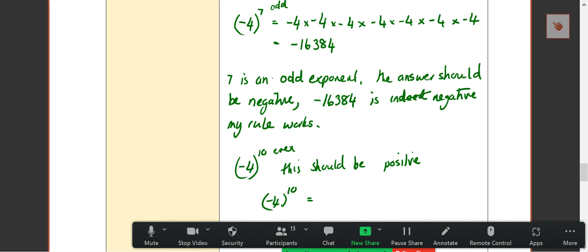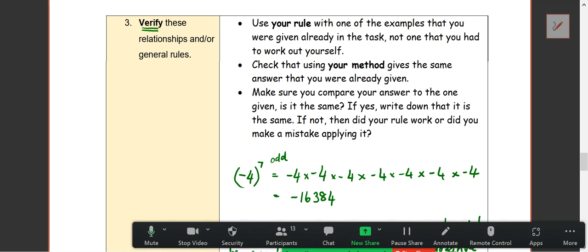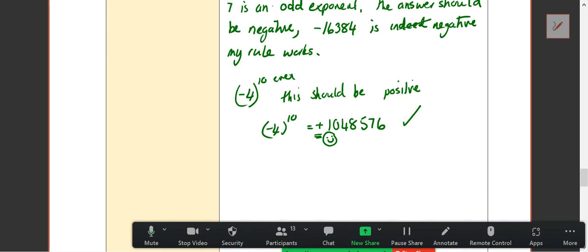It's positive 1,048,576. Yeah? So it is positive. It follows my rule. So I have shown that verify the general rule, so it works.